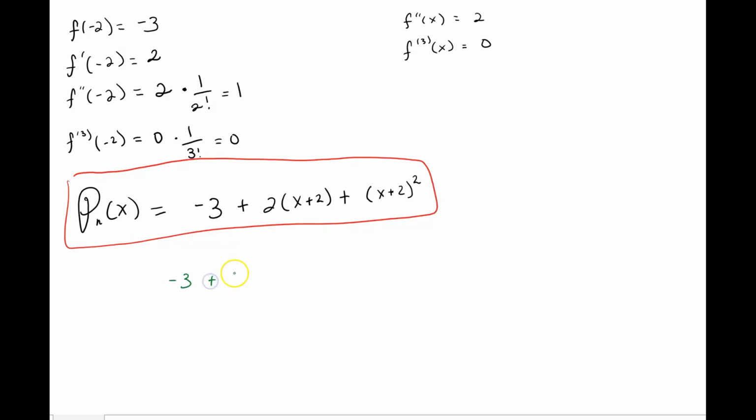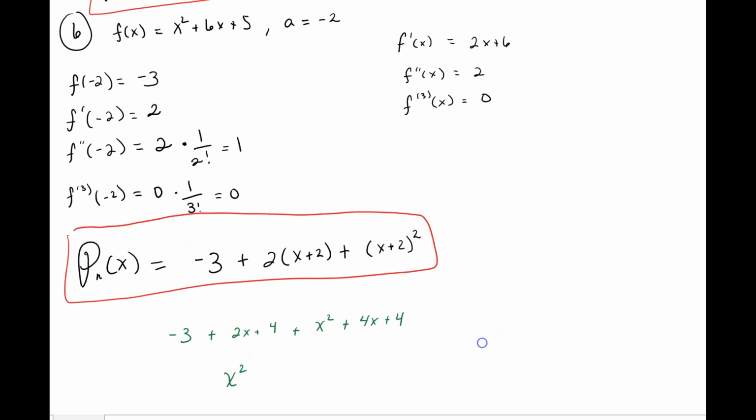Negative 3 plus 2 times x plus 2, which is 2x plus 4, plus x squared plus 4x plus 4. When we combine the like terms, we get x squared plus 6x. Negative 3 plus 4 is positive 1, plus 4 is 5.